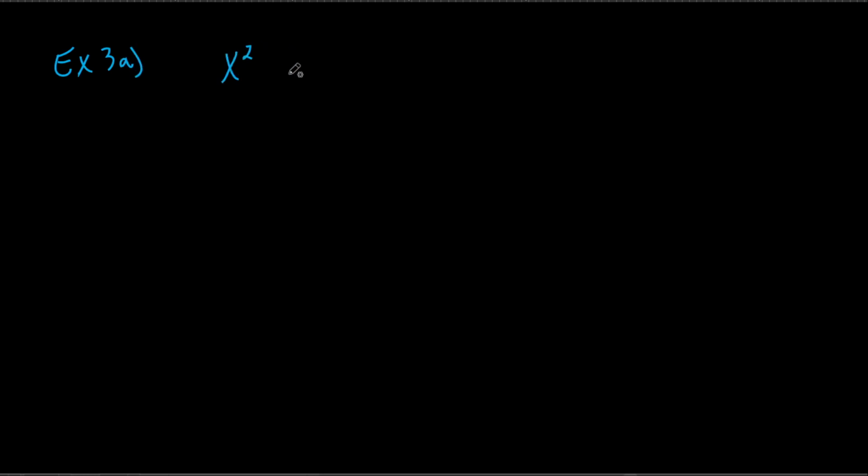So write this down. X squared minus 2x plus 1 over x cubed plus x. Now, we're not just going to simplify this. We're actually going to multiply it by another rational expression.